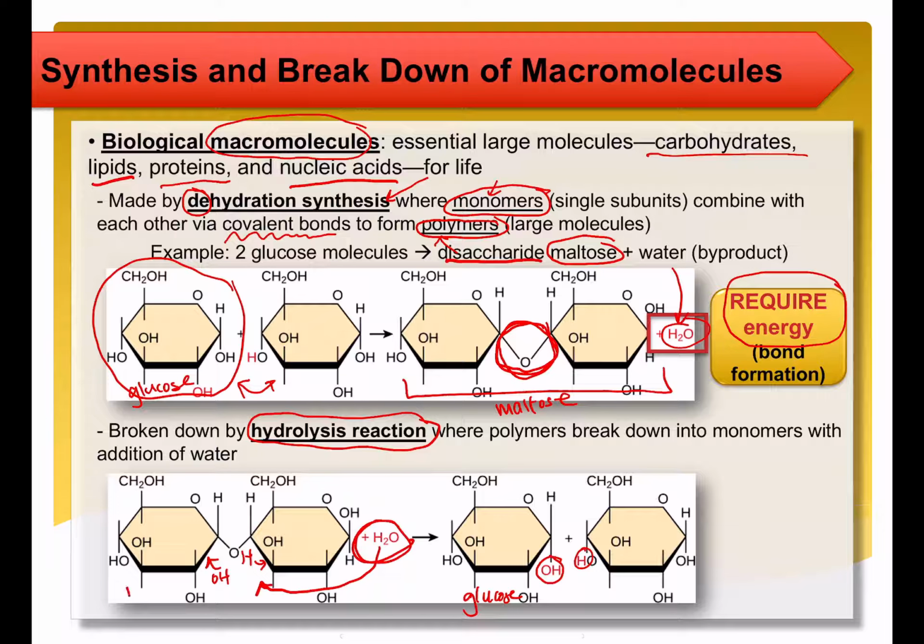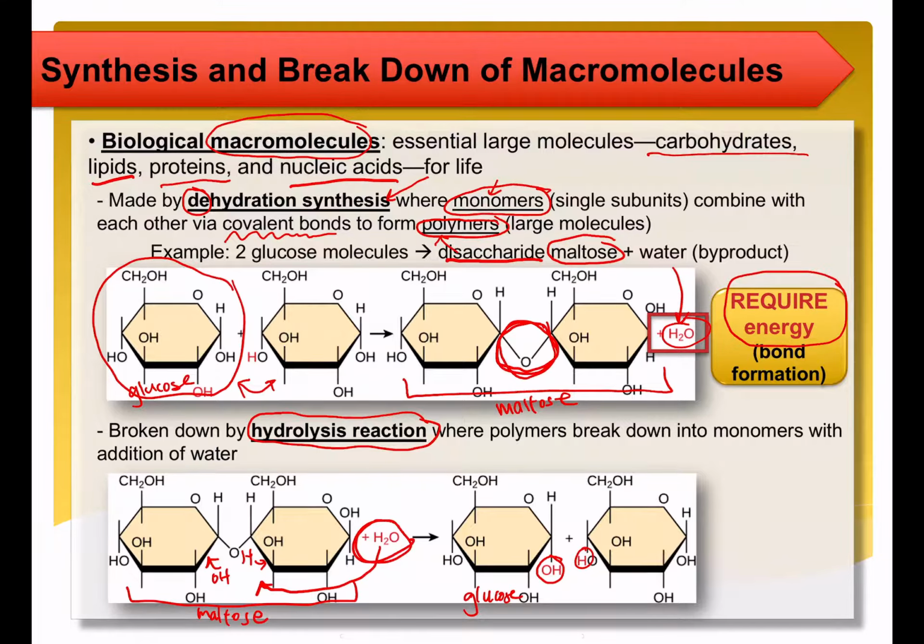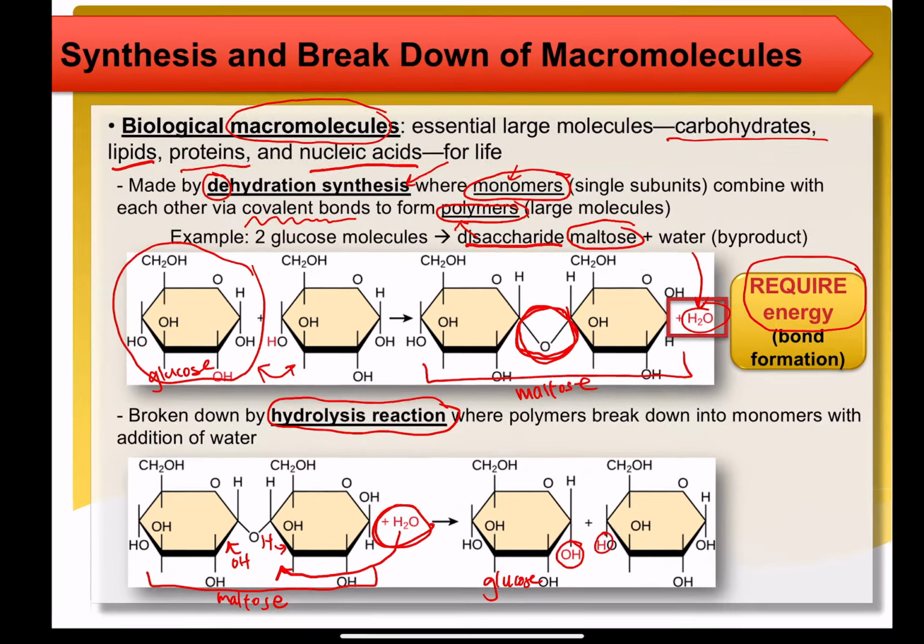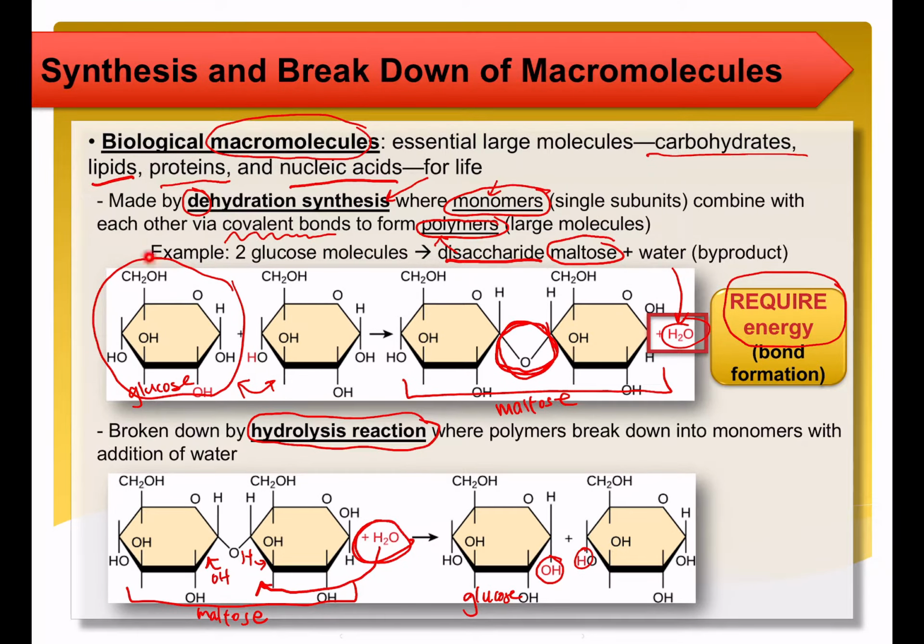So this was the original maltose we have, where the two glucoses come together, and now we're breaking them back to what it was before. When we're trying to form bonds, we're just getting that right back here.